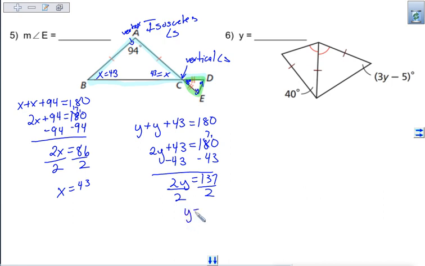And y equals 137 over 2, or 68.5. You know I prefer fractions, so I would leave it as 137 over 2.